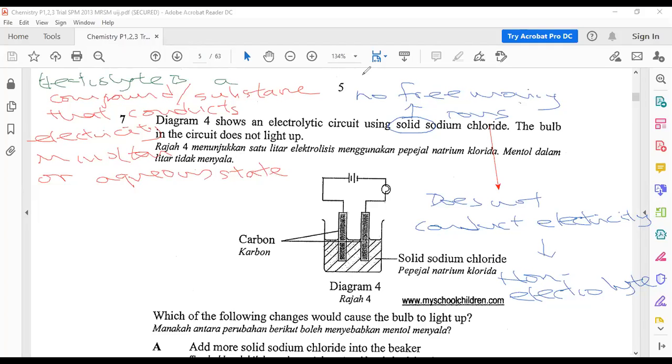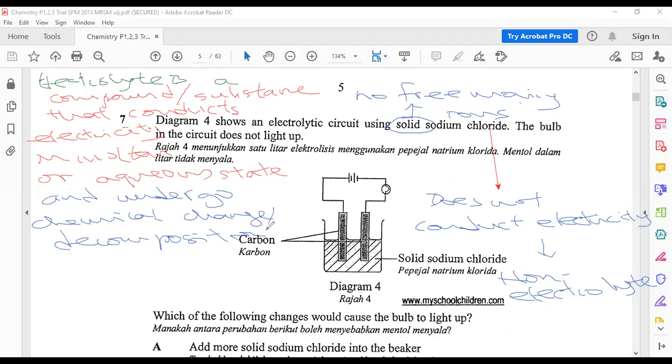Second part, what should it do? Undergo chemical change. Okay, and undergo chemical change. Or in some books, they put it as chemical decomposition. Okay, then only it will be the correct definition of electrolyte.